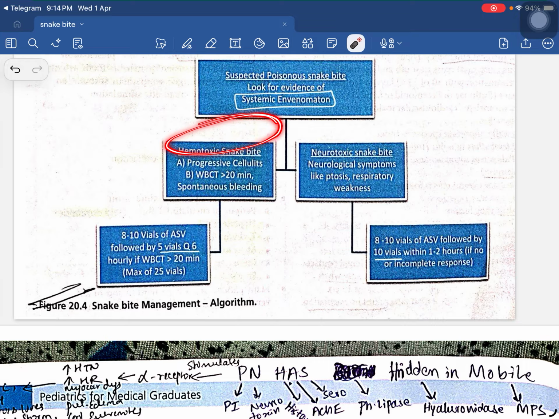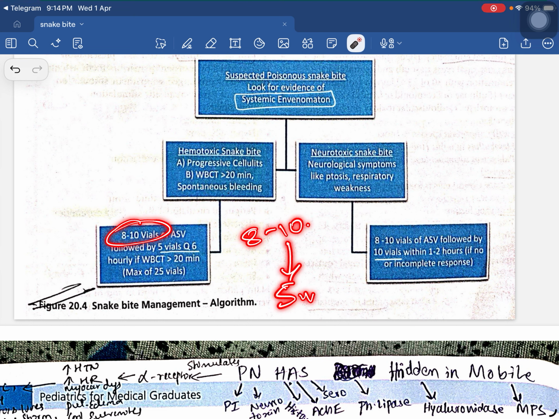Suppose it is hemotoxic, progressive cellulitis is there, WBCT, that is whole blood clotting time, is more than 20 minutes, spontaneous bleeding is there, then first you will give the basic 8 to 10 vials of ASV followed by 5 vials of ASV within 6 hours if WBCT is more than 20 minutes.